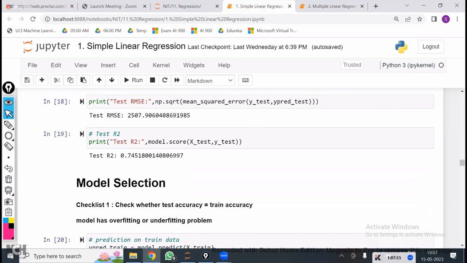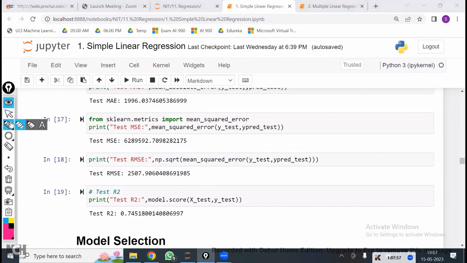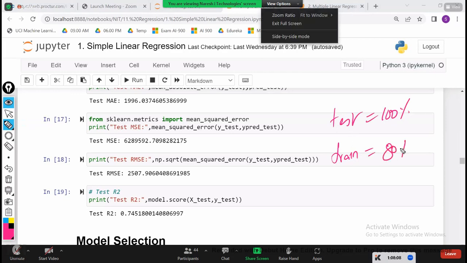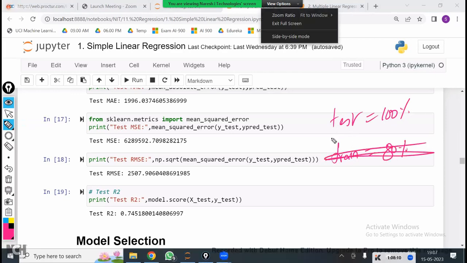If it is a bad one, for example, you are having an overfitting problem where train accuracy has got 100% and test accuracy has got 80%, but you have not checked. You have got test accuracy and directly you are submitting this one. Then when they apply it on new data, they'll get more bugs.